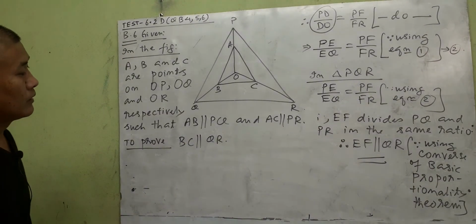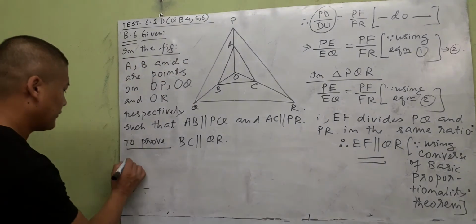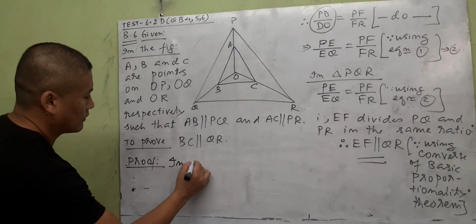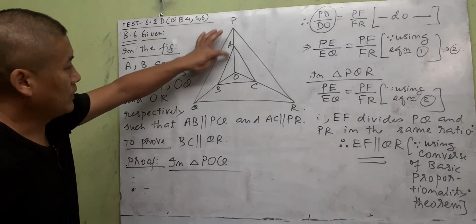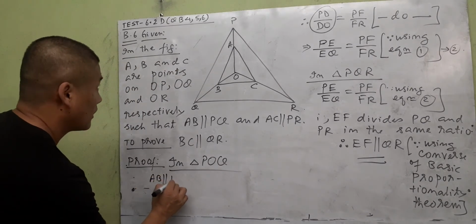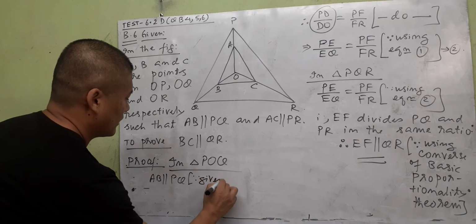So in this triangle, let us take POQ first. In triangle POQ, AB is given as parallel to PQ, as you can see here.